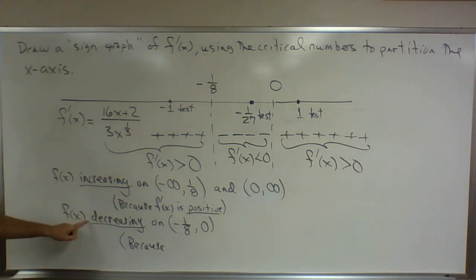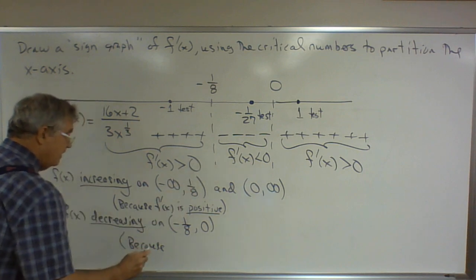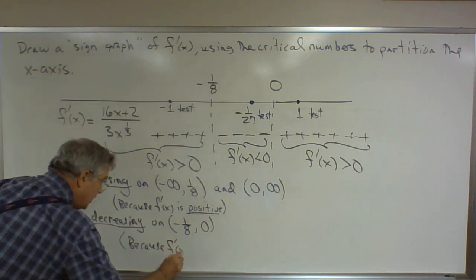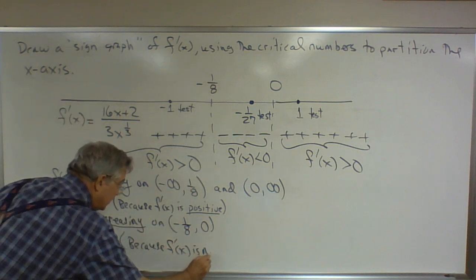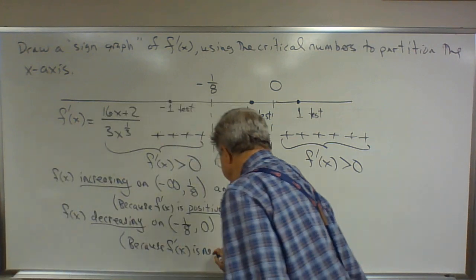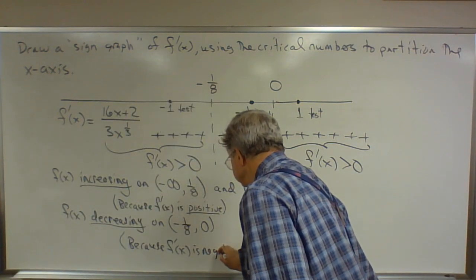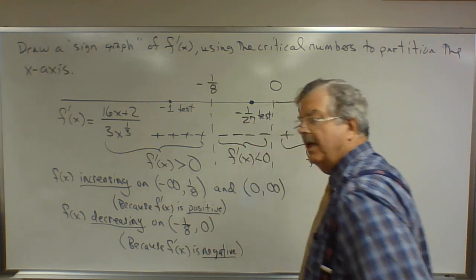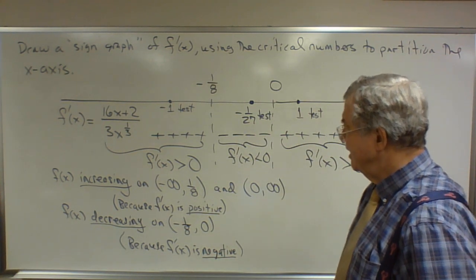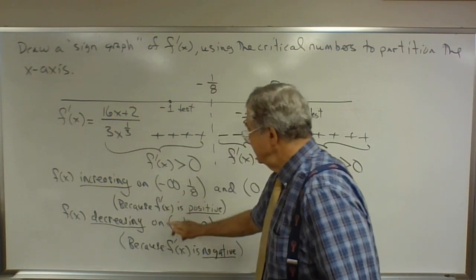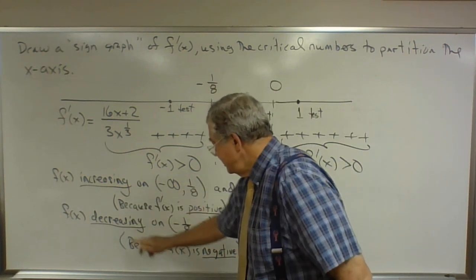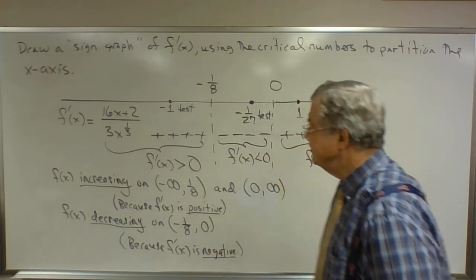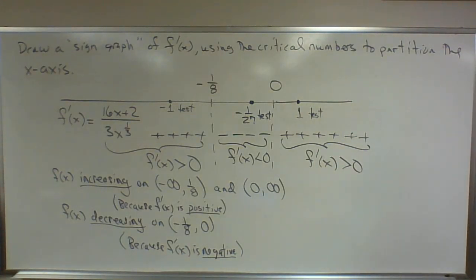F of x is decreasing when the derivative is negative. And again, remember that. Increasing, positive, decreasing, negative. Okay.